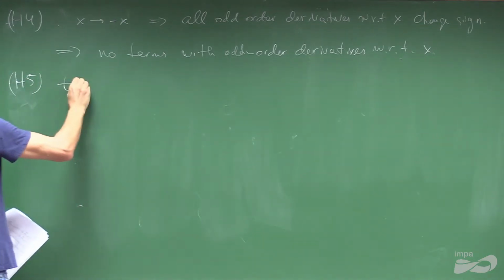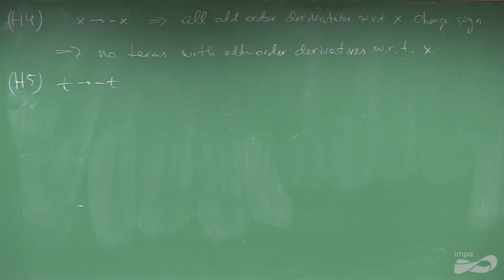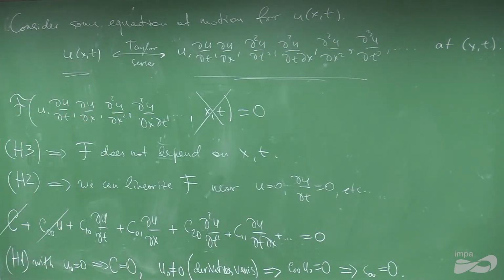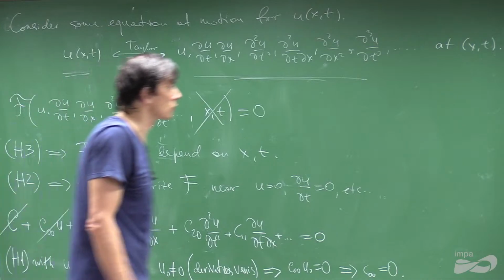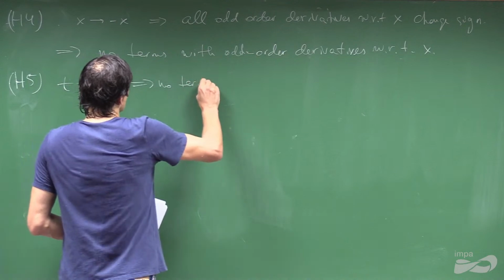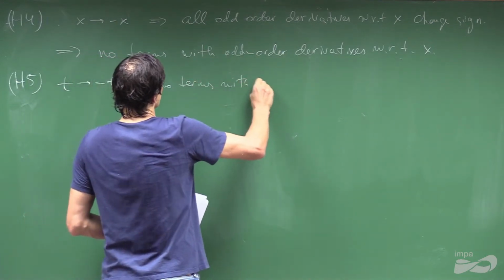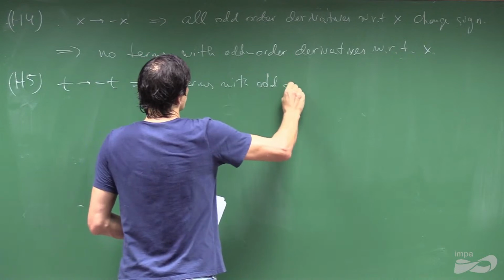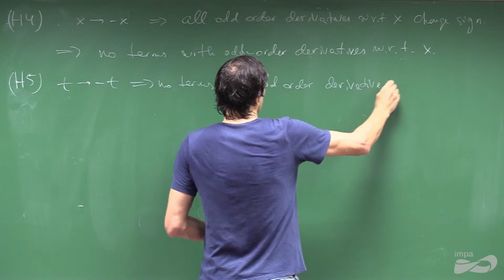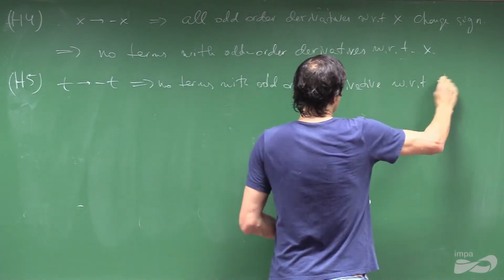If we change the sign of the time, then all odd order derivatives, first order, third order, fifth order derivatives will change sign, and this term should not be here because otherwise it's not a time reversible equation. So also no terms with odd order derivative with respect to t.